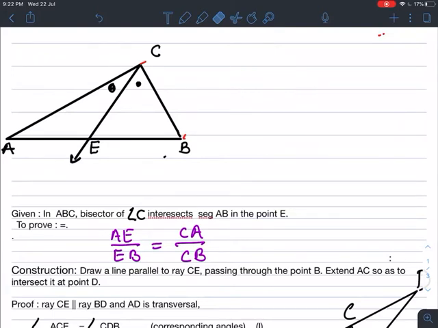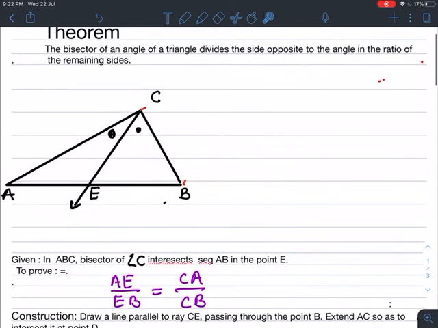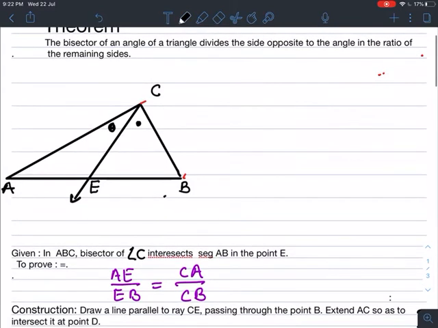From this figure our aim is to prove AE upon EB is equal to AC upon CB. The given: CE is the bisector of angle ACB, or angle C. It intersects AB at point E. To prove: AE upon EB is equal to AC upon CB. The construction part is important in this theorem, and you have to draw it with dotted lines. What is the construction?